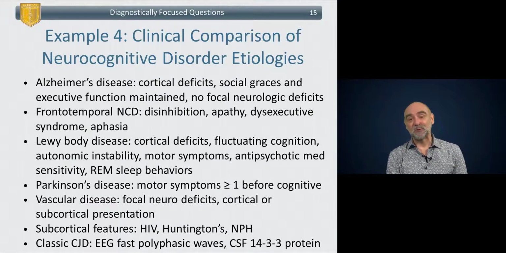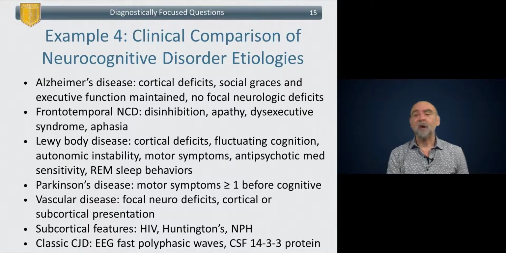And this captures a substantial percentage of the knowledge that you have to have about neurocognitive disorders. Believe me, you want to go through the rest of the lecture too. It's not like it's useless, but this one slide captures a substantial percentage of testable material. So it's a clinical comparison of the neurocognitive disorder etiology.